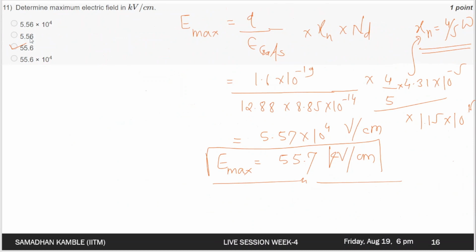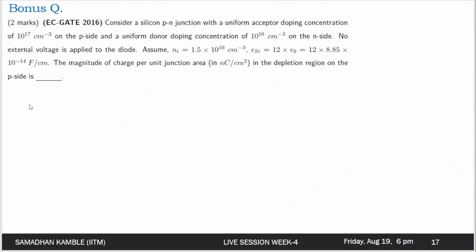Okay, so this brings us to the last question for today's session. This question I have taken from a previous year's GATE question paper. It appeared in the EC GATE 2016, and it is quite an intriguing question.